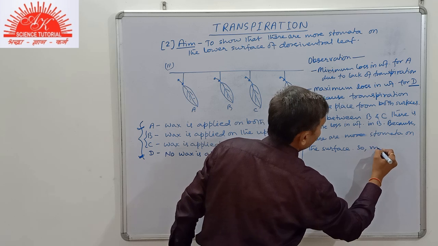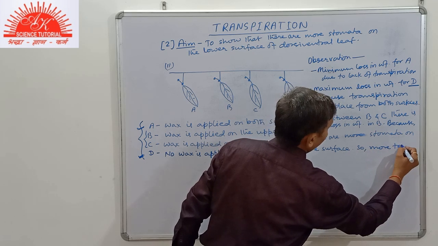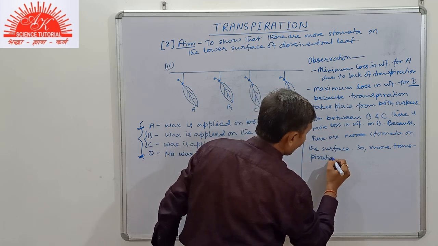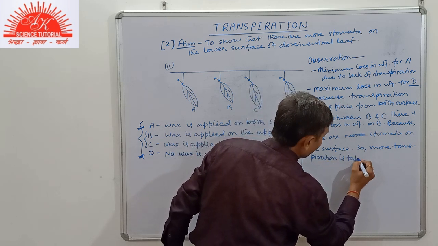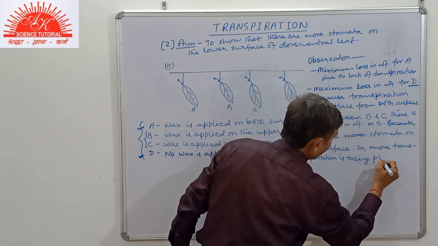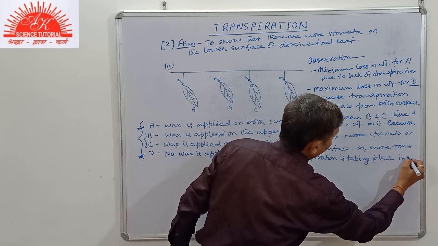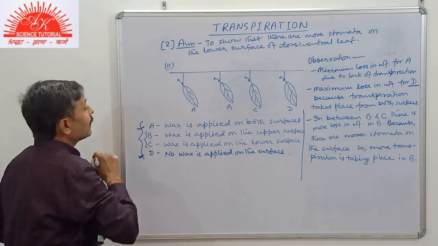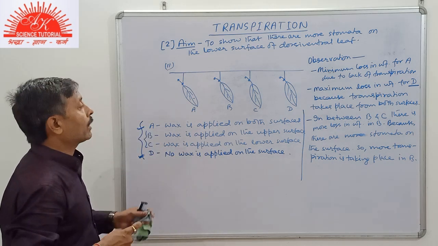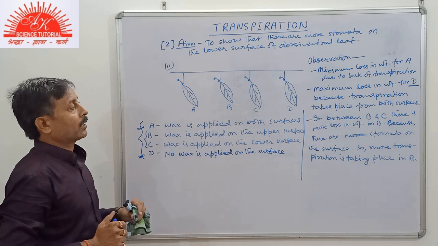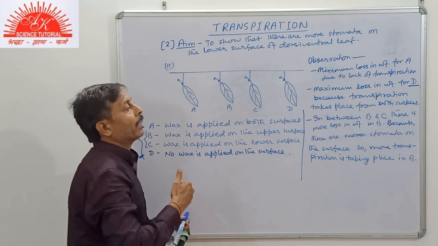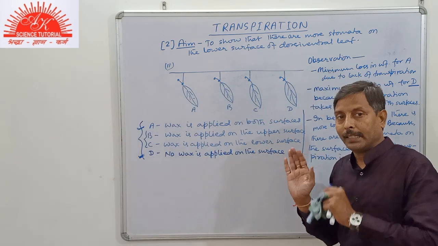So more transpiration is taking place in B. So thus this setup indicates that there are more stomata on the lower surface of dorsiventral leaf. As a result, there is more transpiration taking place from it.